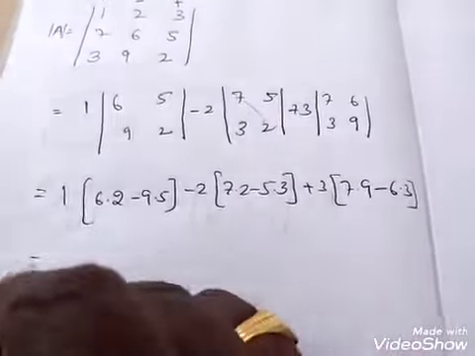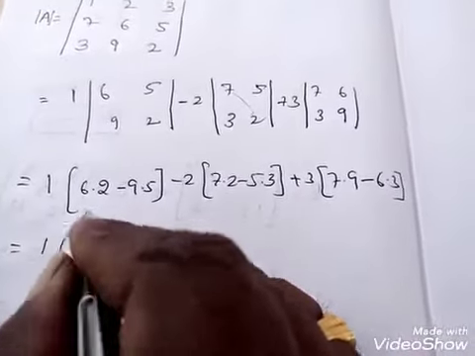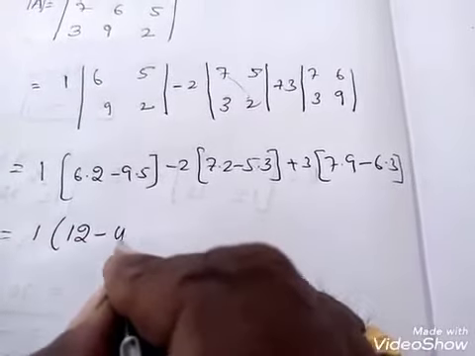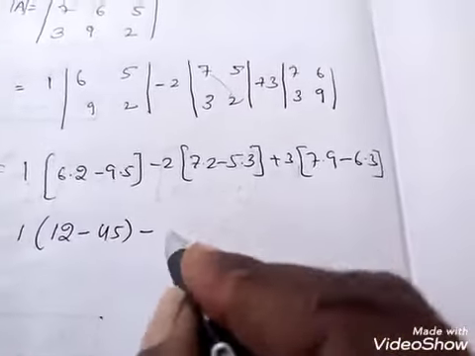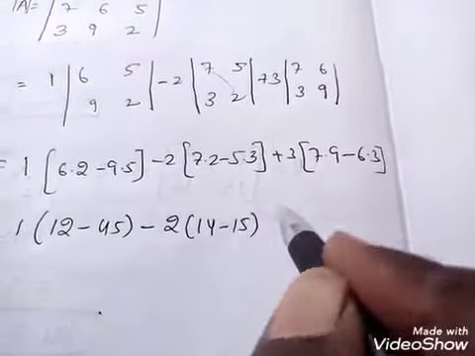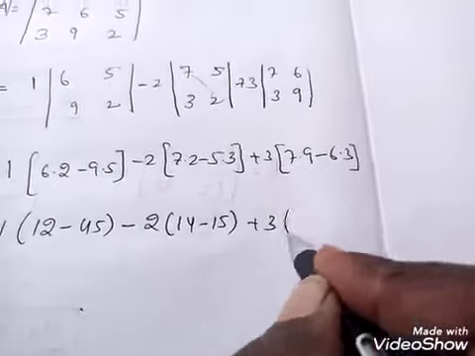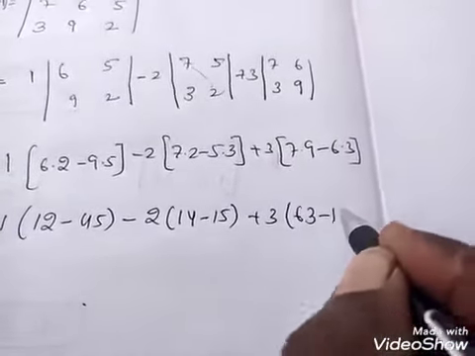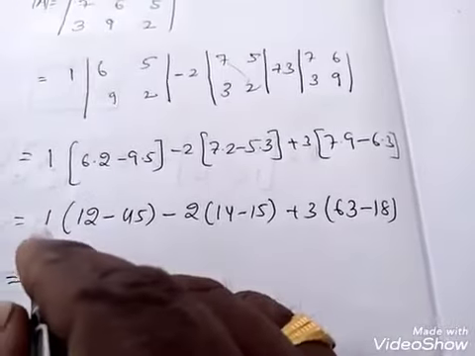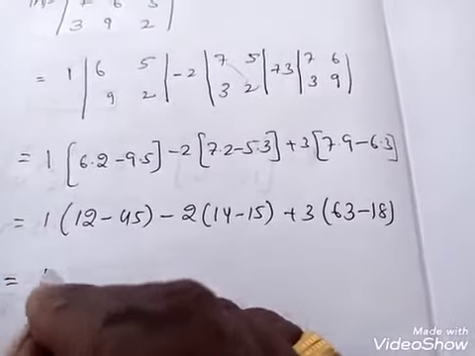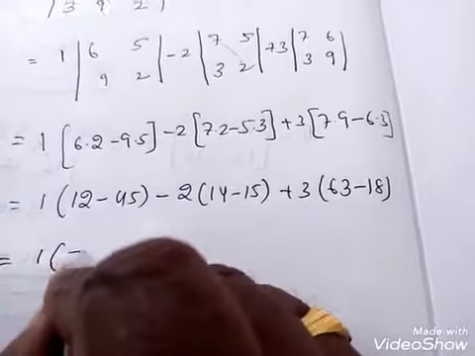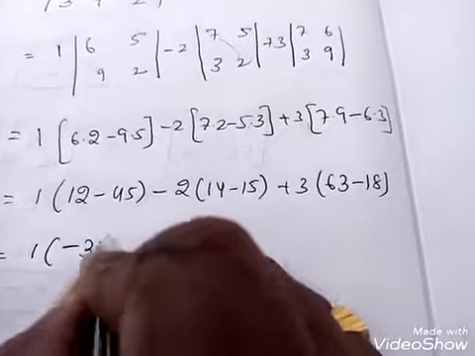Now observe, here 1 into (6 twos are 12 minus 9 fives are 45), minus 2 into (14 minus 15), plus 3 into (63 minus 18). Now 1 into (12 minus 45), that is minus 33.